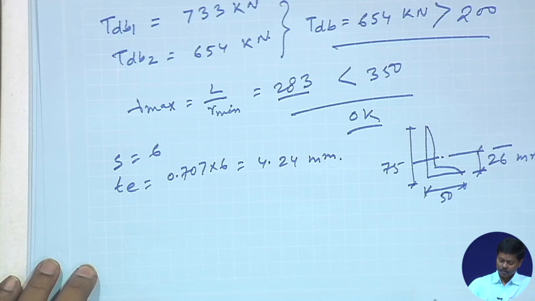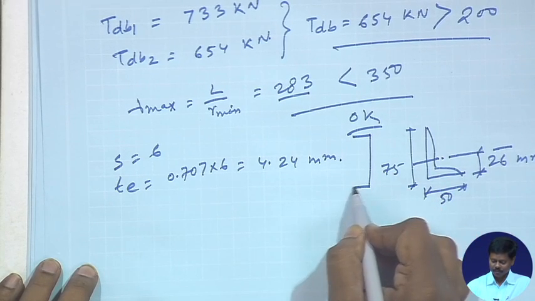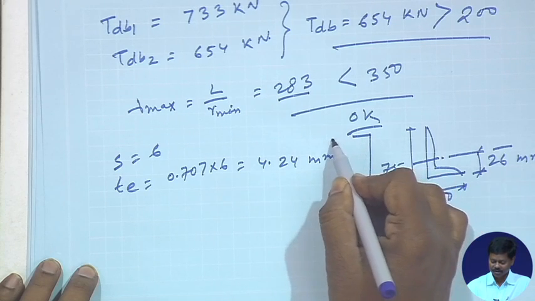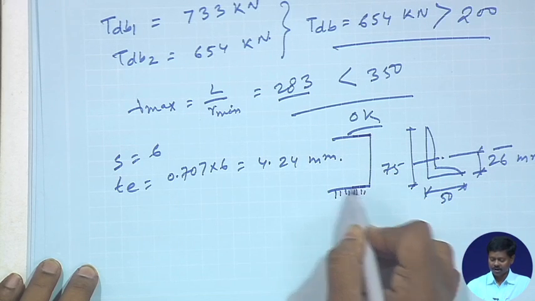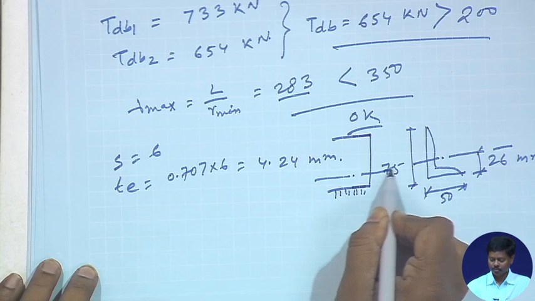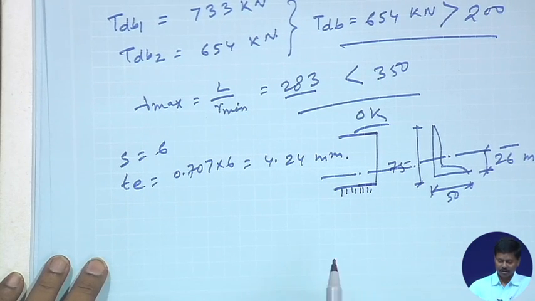So, we have to distribute the weld in this direction and in this direction in such a way that the CG of the weld group also passes through the same line, okay, to make it concentric.